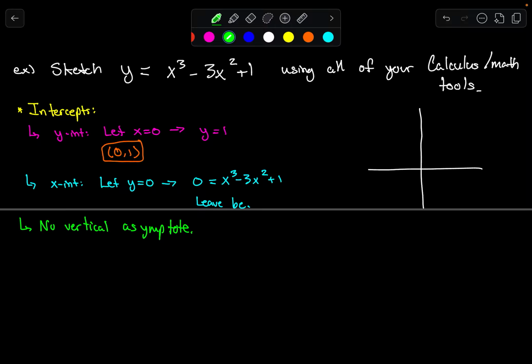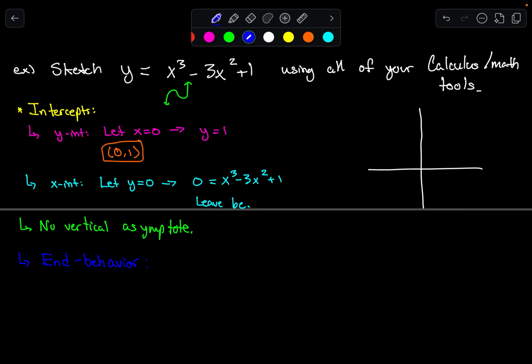Now let's see, what's happening to this thing in the long run? What kind of end behavior does this have? Thankfully, we know that this is a cubic graph, and cubic graphs look something like this. We could make an educated guess for end behavior. There are mathematical ways to do this, which we'll cover a little later in the class when we talk about limits.